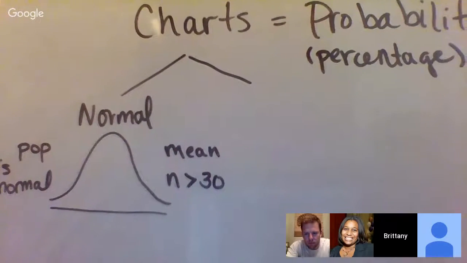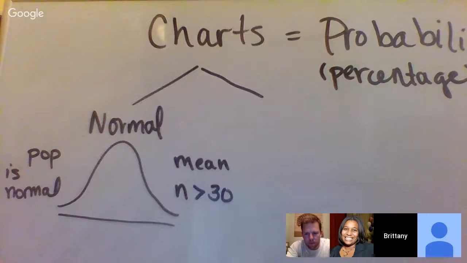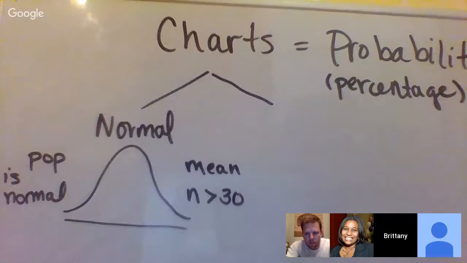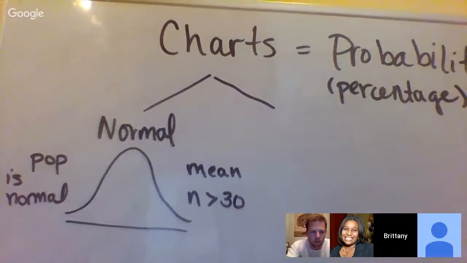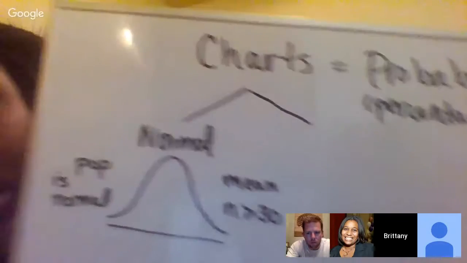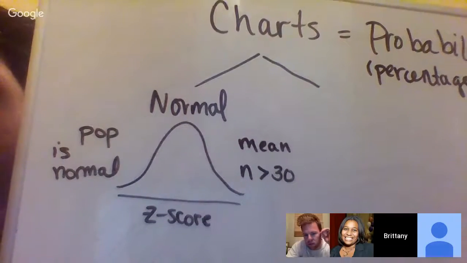So if we want to find the probability for a sample, that sample has to be bigger than 30, or we can find the probability for a normally distributed population, directly from the normal chart. That chart is called a Z table or a Z chart because it's based on Z scores.